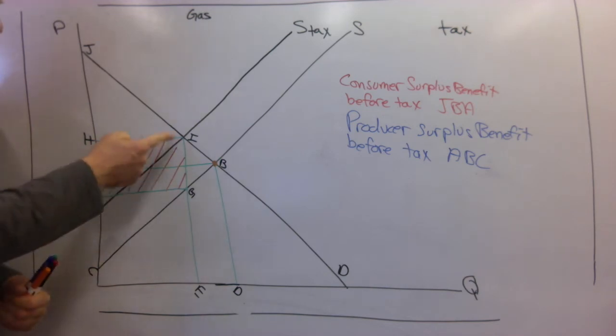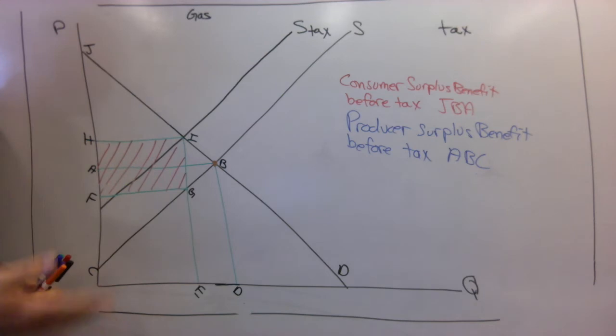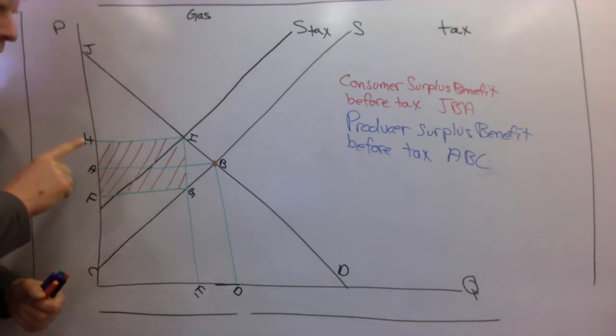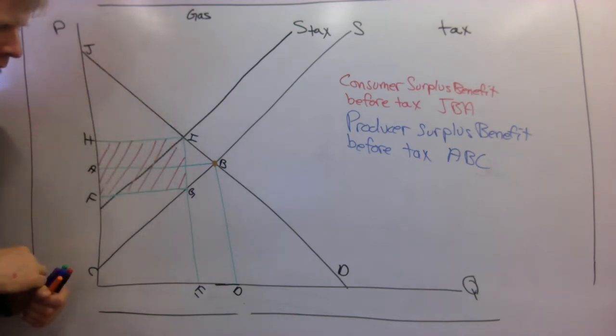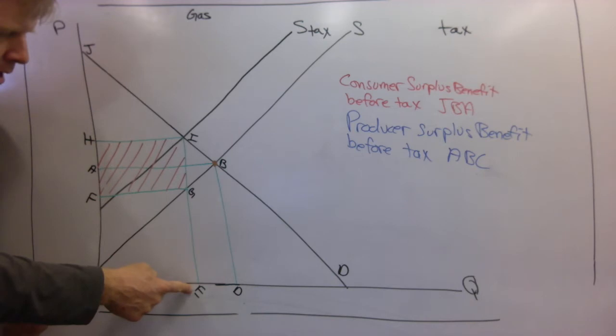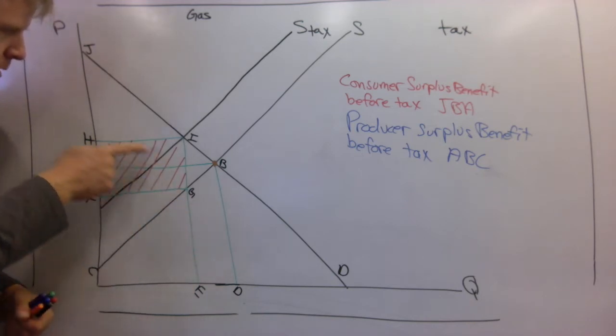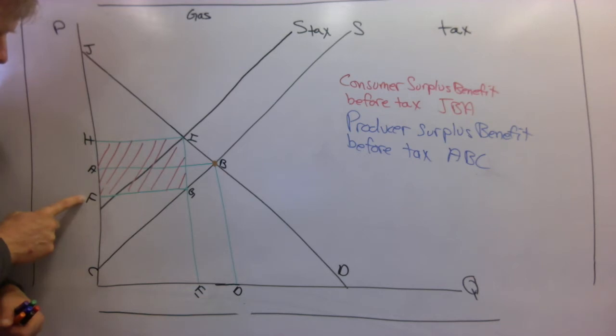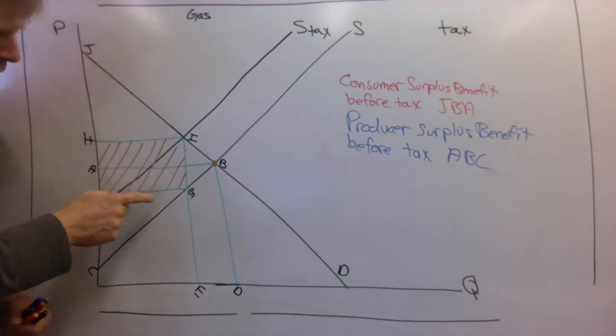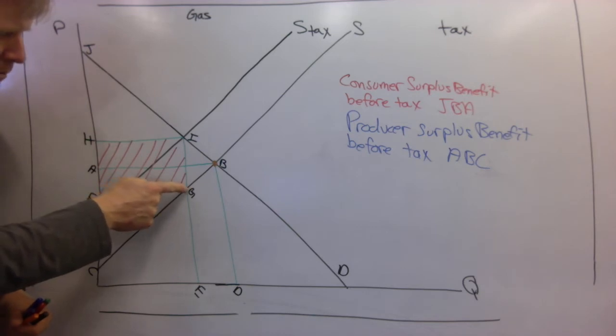Now, because the government has imposed this tax, and it had reasons, that's the political process, right, to impose a tax, we now see that we have a new equilibrium at point I. We are only selling quantity E, and people are paying price H. But the thing is, though, that producers don't get price H, they only get price F. They're only really receiving a benefit of price F because they have to pay this tax.